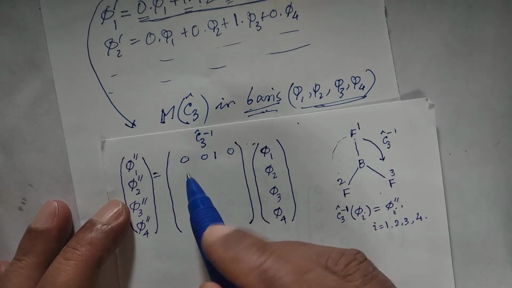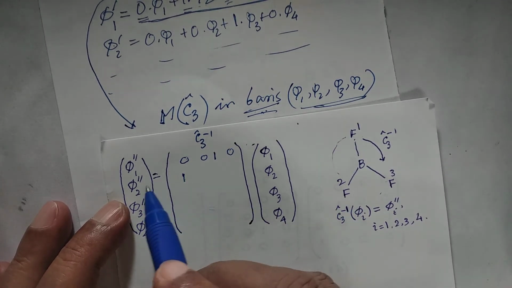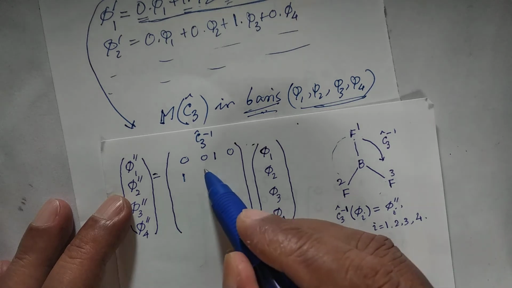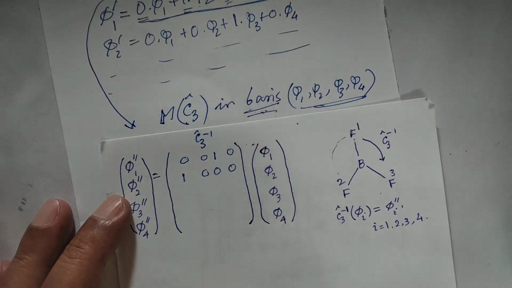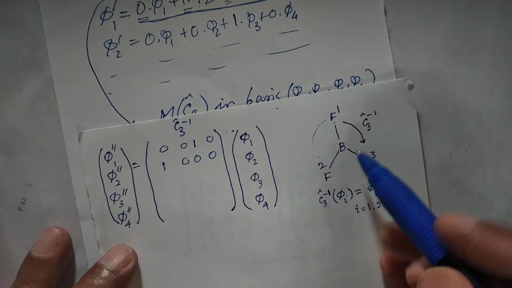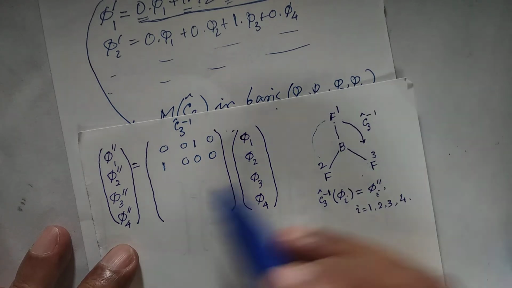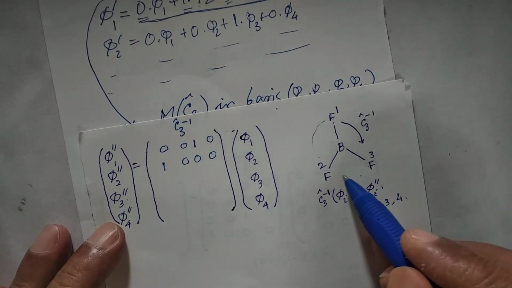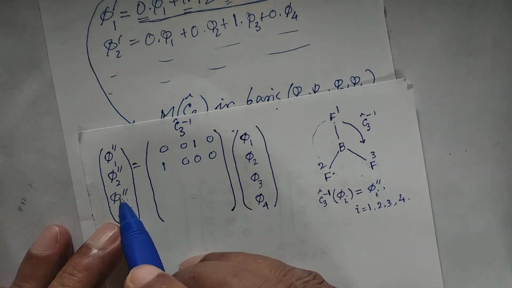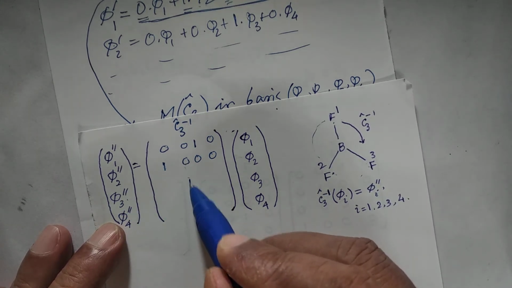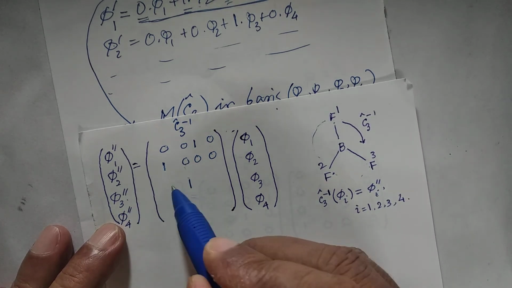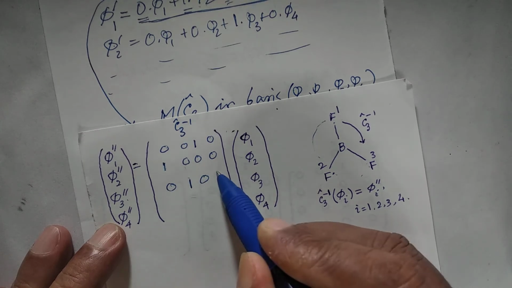Therefore, we will write 1 in the first column in the second row and 0 in each of the other columns. Phi 3 double primed becomes phi 2. So we write 1 in the second column and 0 in the other columns.